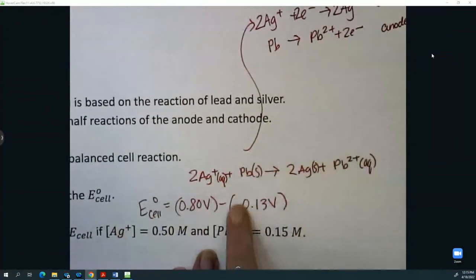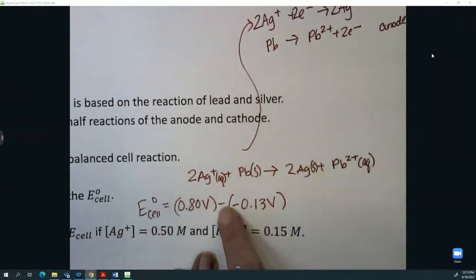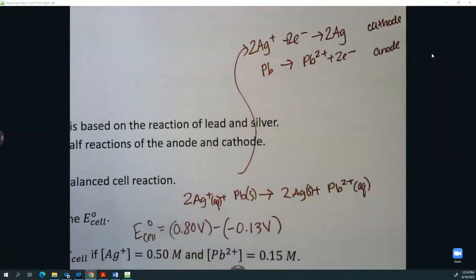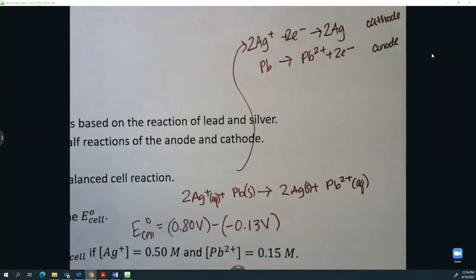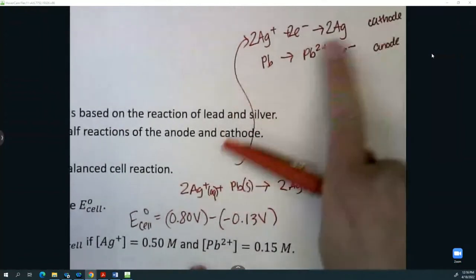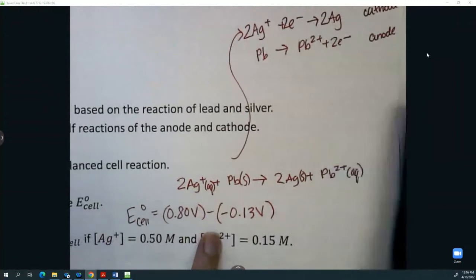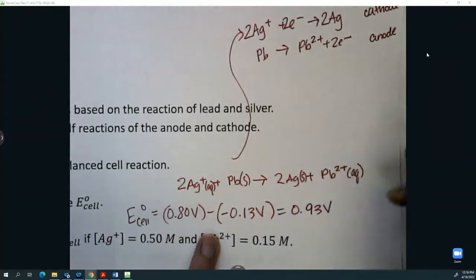Remember, I flipped this reaction, but I don't do anything with the sign here. That's what the minus sign is for. I multiplied this one by 2, and I don't do anything with that either. I just take the numbers straight from the table, cathode minus anode, very straightforward, except that we're used to multiplying by stoichiometric coefficients. We don't do any of that here. So this is minus a negative, so it should be 0.93 volts.